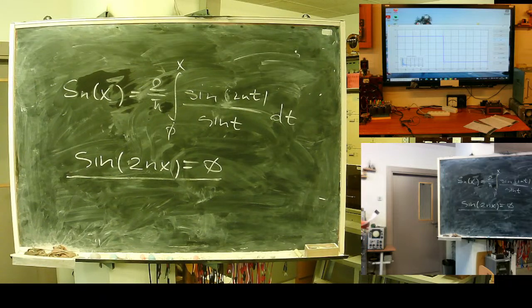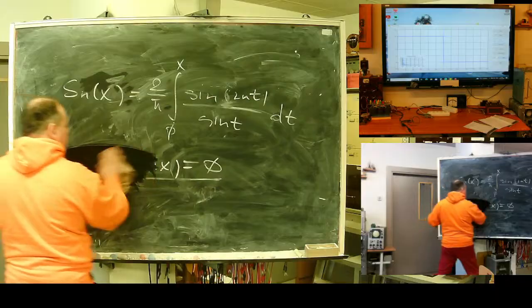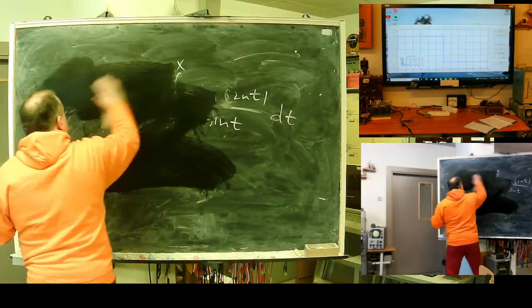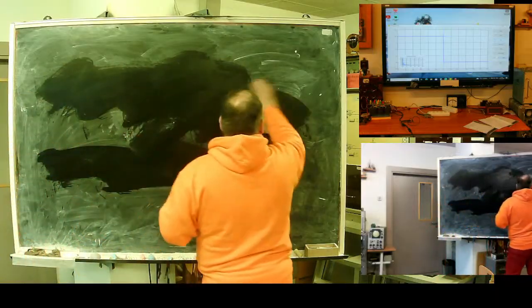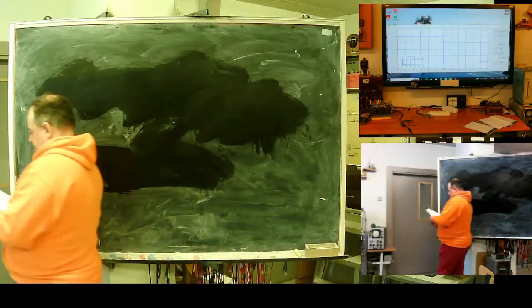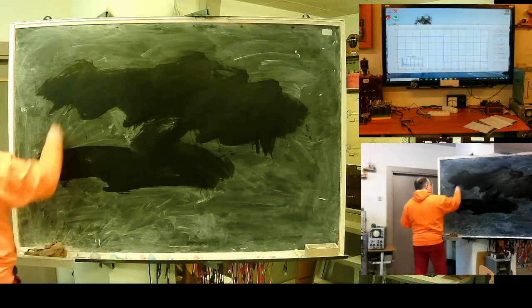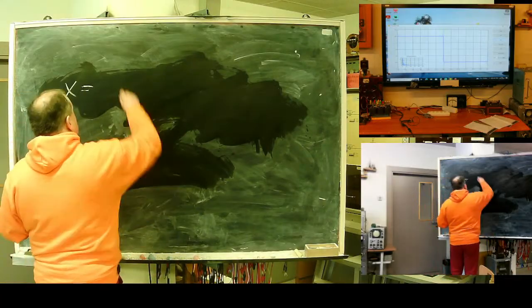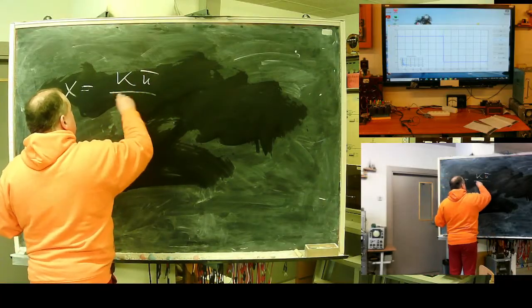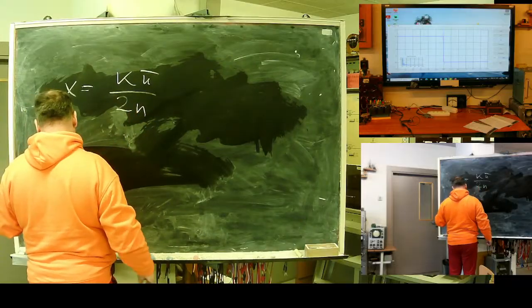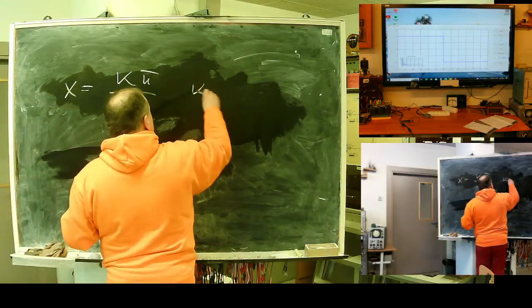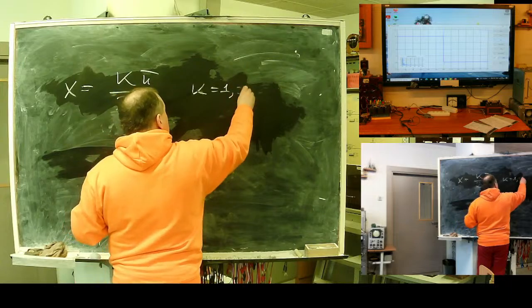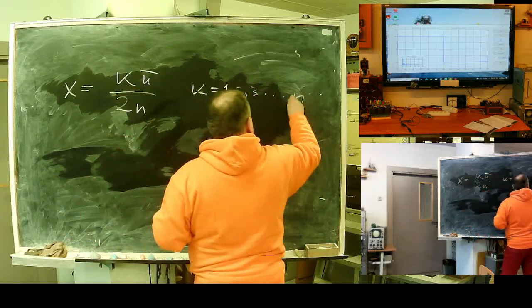I don't need infinite points, I need zeros. So the extreme points are located at positions k pi divided by 2n, where k is 1, 2, 3, and so on up to n.